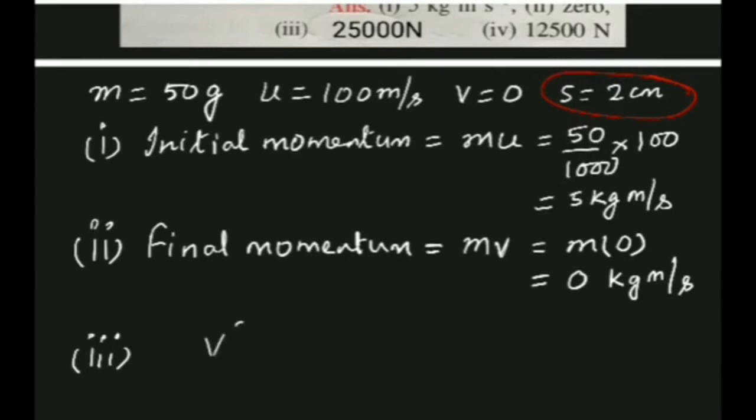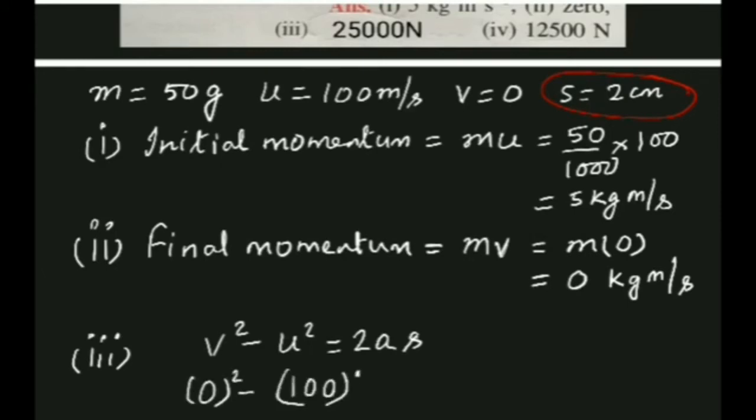v square minus u square equals 2as. So v is 0 square, u is 100 square, and a we have to find out. And s is 2 centimeter, so you have to convert into meter.